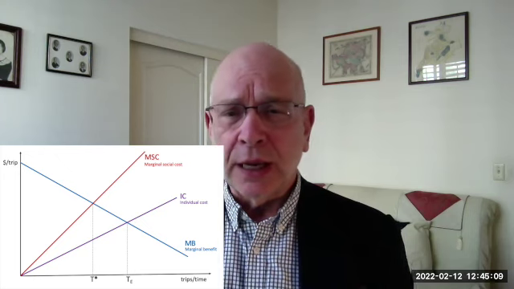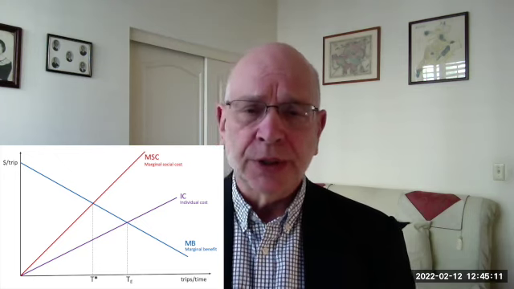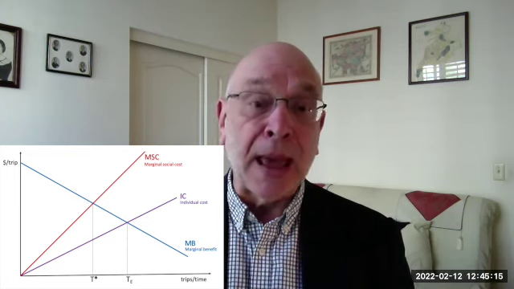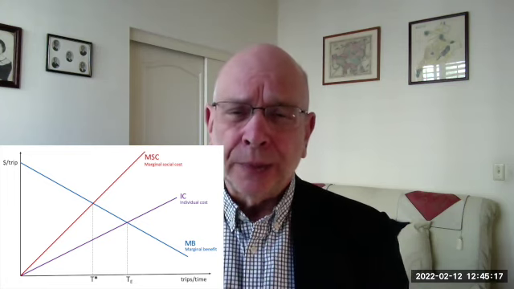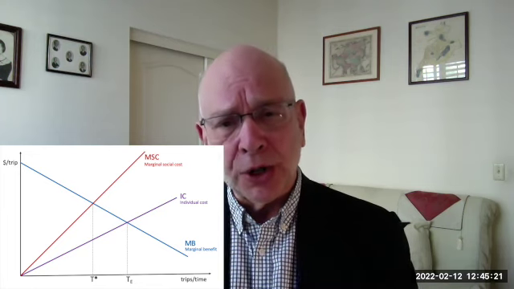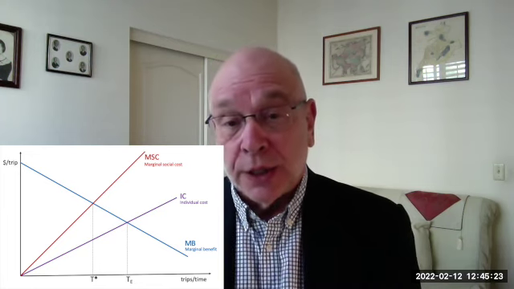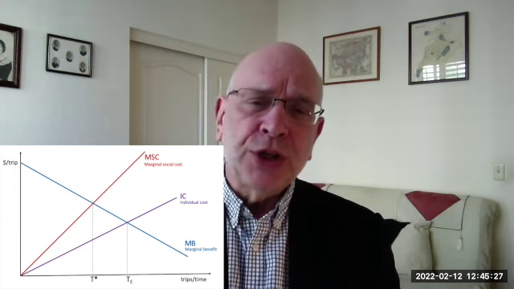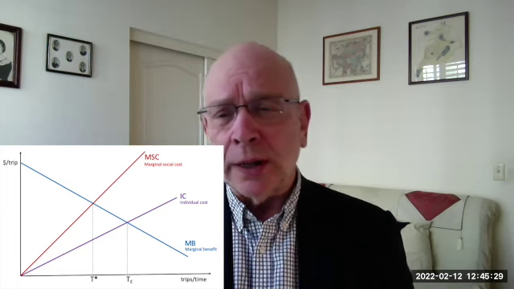And this declining marginal benefit, which is typical of what we see, is like a demand curve, although not exactly in this context. It indicates the benefit for each additional trip as we move along. And so we're accustomed to seeing declining marginal benefits, and that's what we have here.